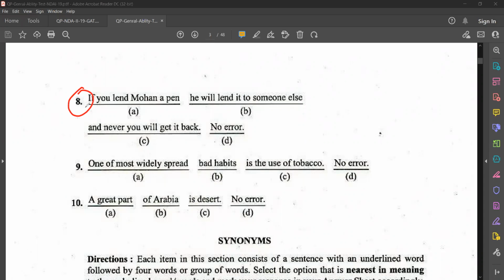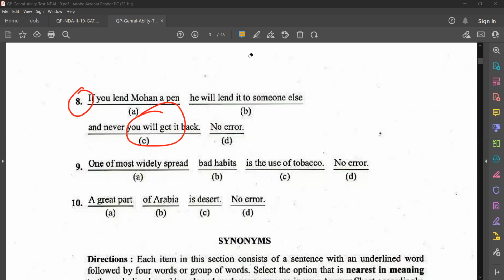You have to identify the wrong part. Yes, the wrong part is "never you will get it back".